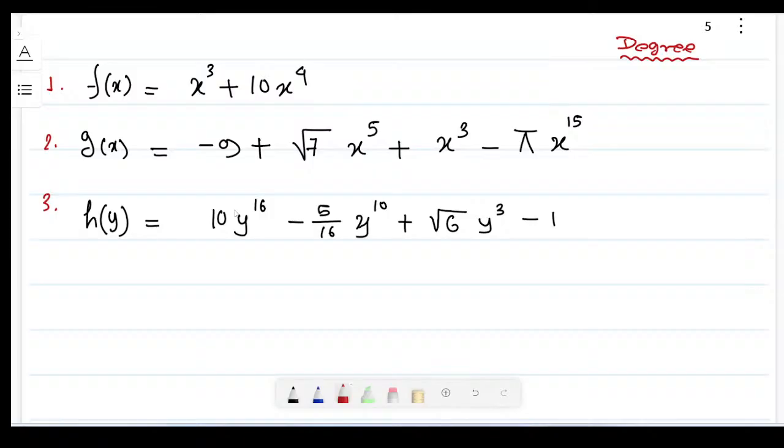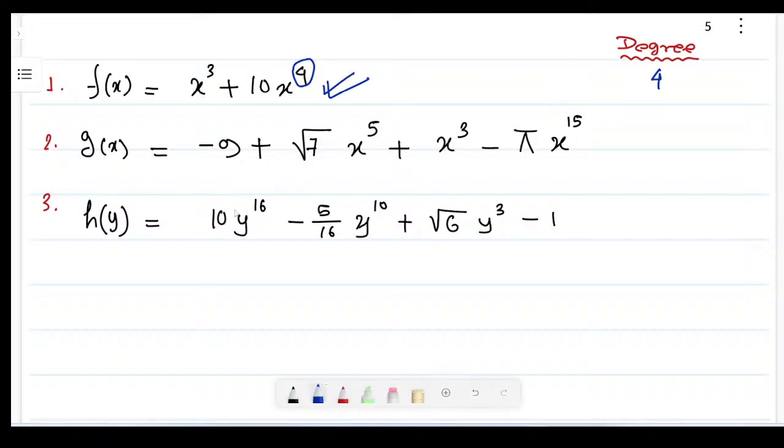Okay, so let me check the answers. At first check, is this a polynomial or not? Yes. The powers of the variables are all positive integers, so there is no problem. So this is a polynomial and the highest degree is 4. So the degree of this polynomial is 4.